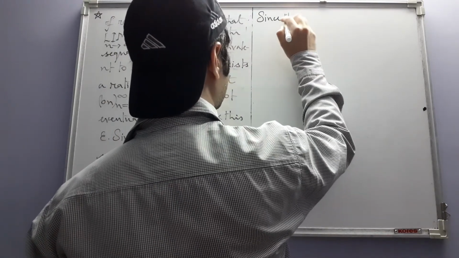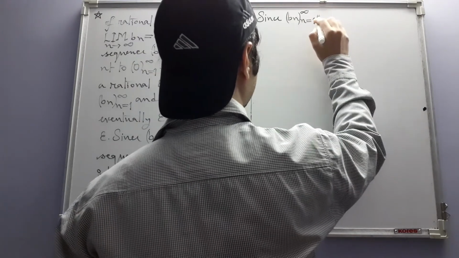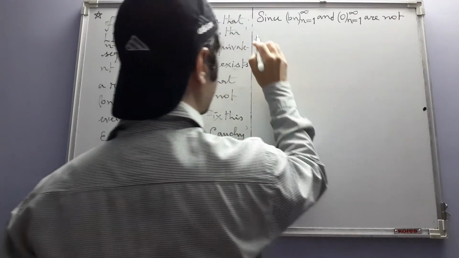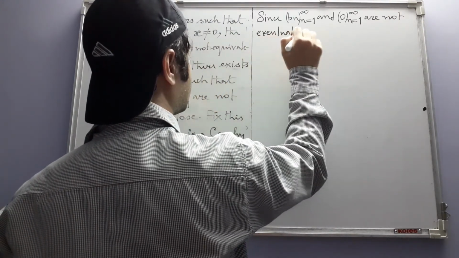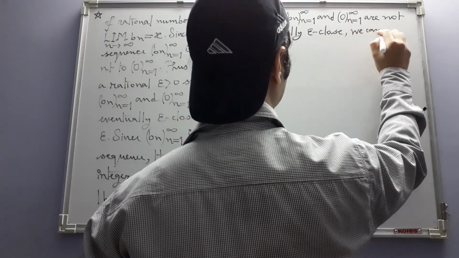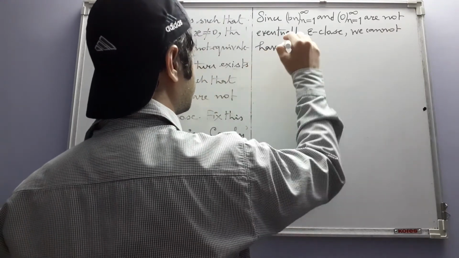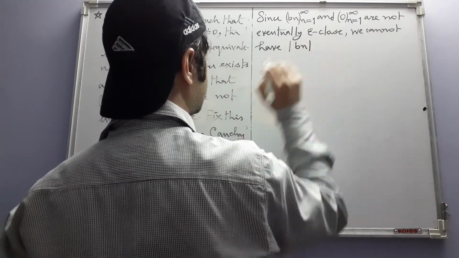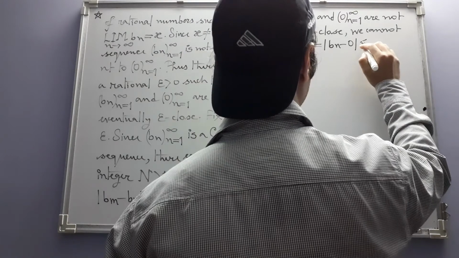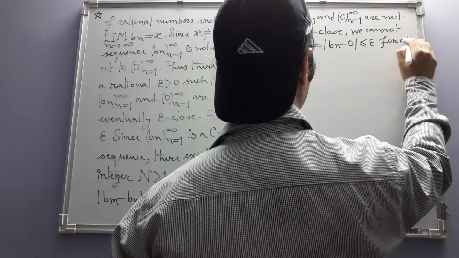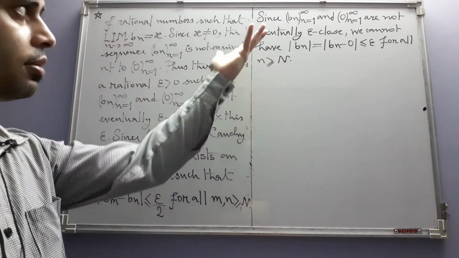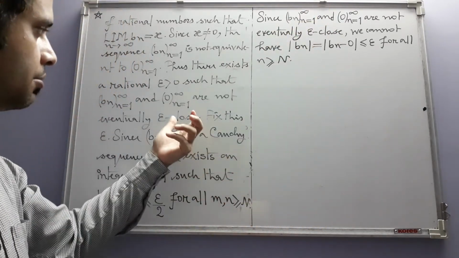Since Bn and 0 are not eventually epsilon close, we cannot have the absolute value of Bn, which is equal to the absolute value of Bn minus 0, to be less than or equal to epsilon for all n greater than or equal to N. Because if this happens, then by definition of eventual epsilon closeness, this too will be eventually epsilon close, but that is not possible.